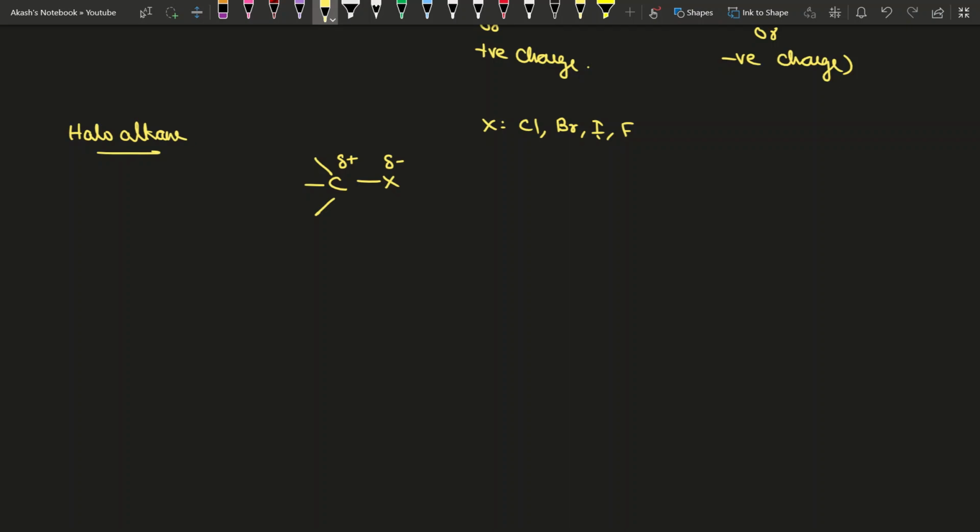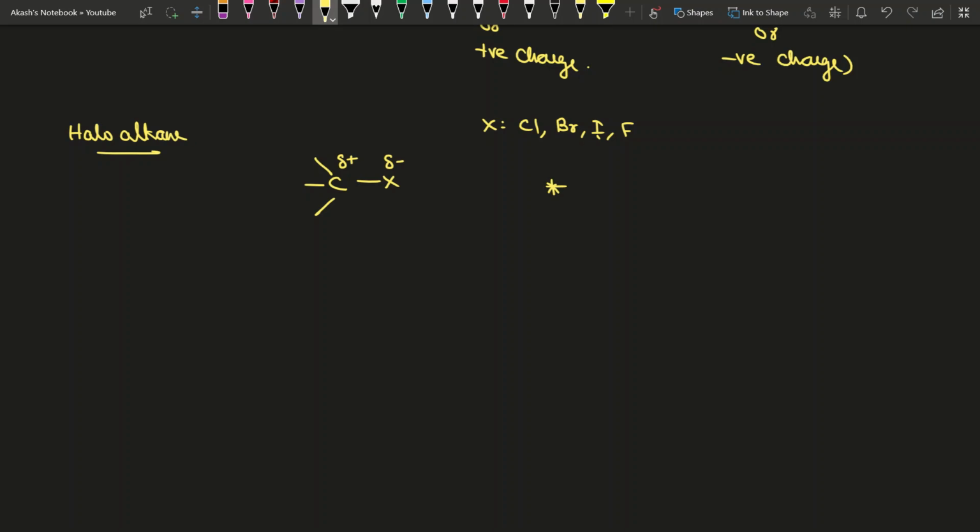Since it gets a partial positive charge, the carbon can act as an electrophilic center. That means a nucleophile can come and attack.